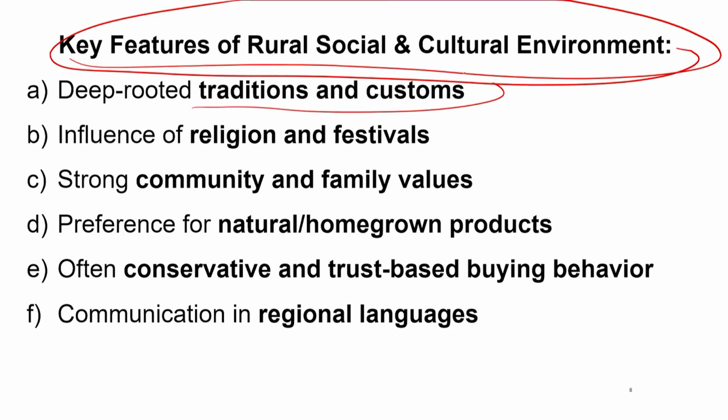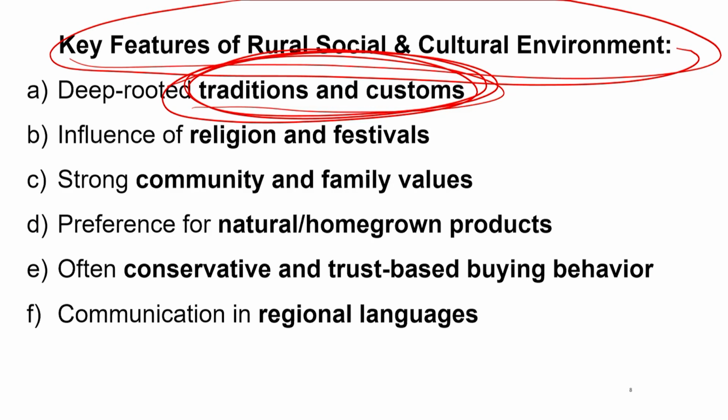First, deep-rooted tradition and culture. They are more inclined toward tradition and customs. They celebrate their roots. Urban people do too, but rural people exist more in numbers, and they will not go beyond that.